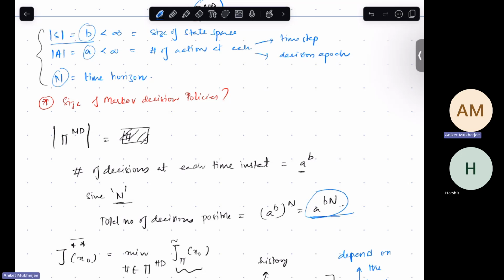So it doesn't scale. It's not a good idea to write down all the policies and check what happens if you take this action or that action. Its complexity is very high.